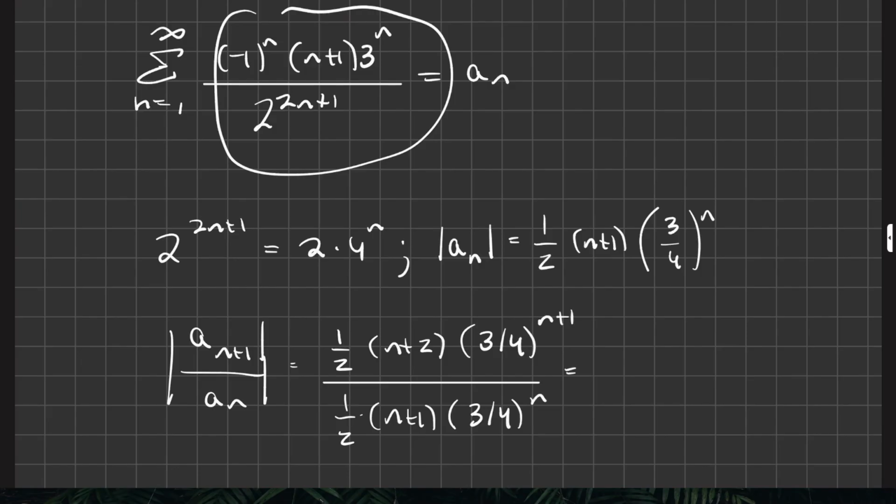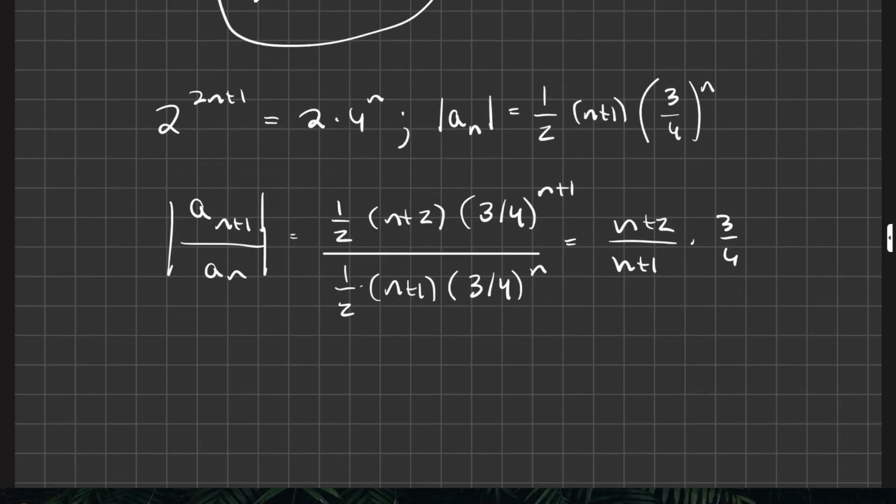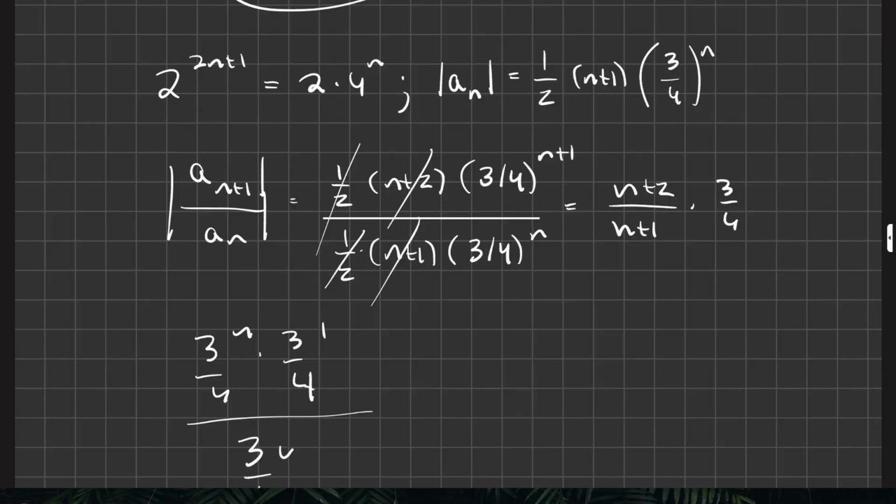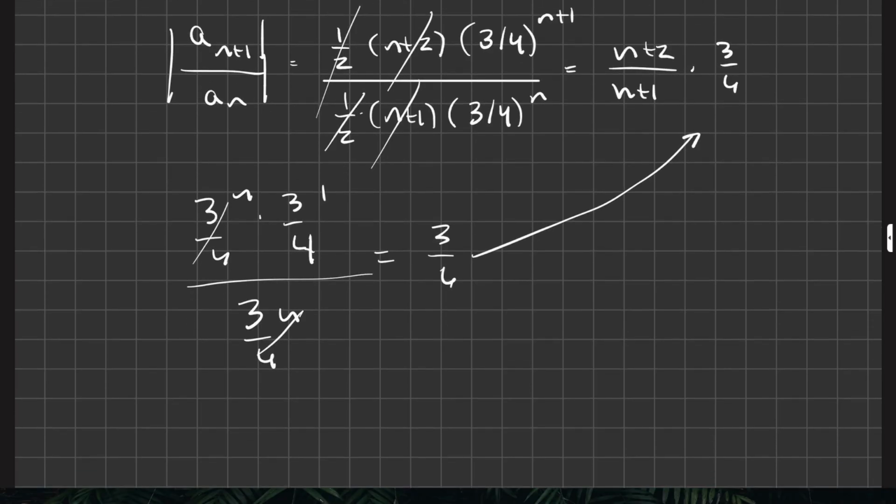So this simplifies: these 1/2s go away, and we're left with n plus 2 over n plus 1 times one of these copies of 3/4, because 3/4 to the n times 3/4 to the first over 3/4 to the n leaves just 3/4. Okay, so this is equal to 3/4, which is less than 1. So the series is absolutely convergent.